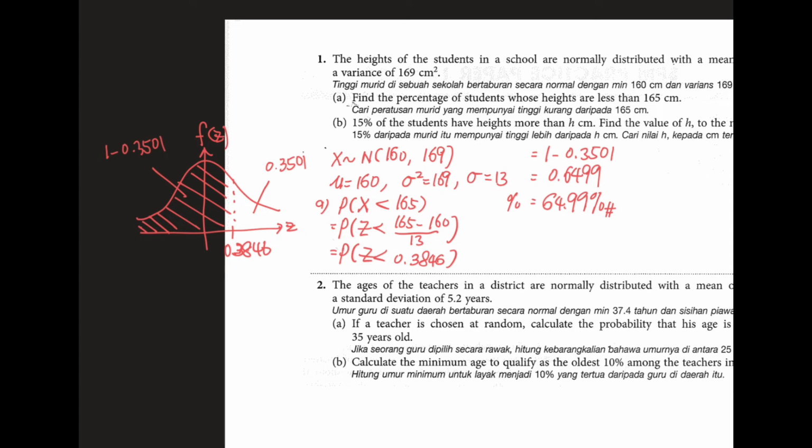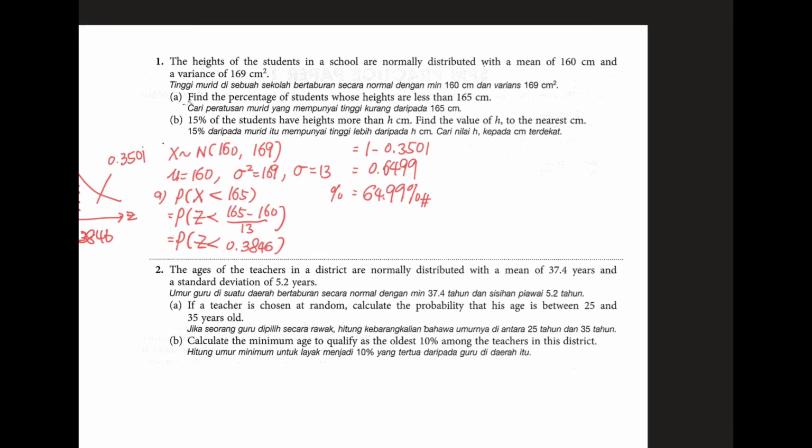Okay, this is just the normal question. They give mean, they give standard deviation. We find probability by changing it to Z-score first, then find probability. So the new technique that I mentioned just now is they give probability, we find Z-score. It's in the opposite way. Which is in part B actually.